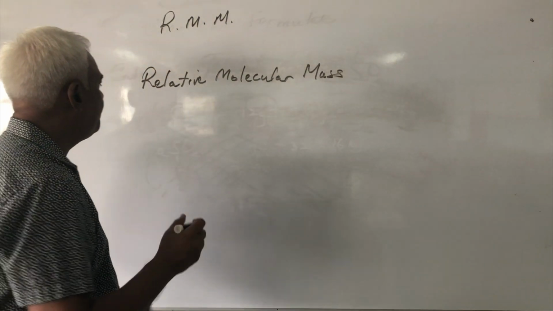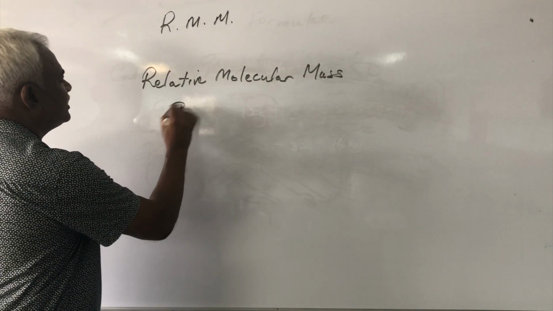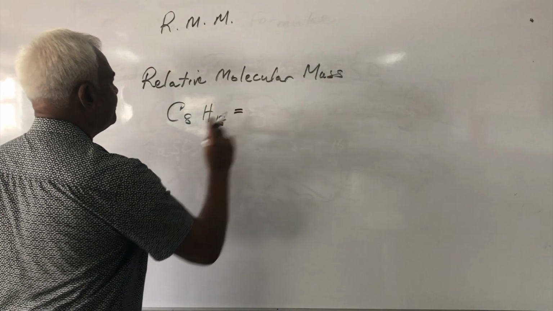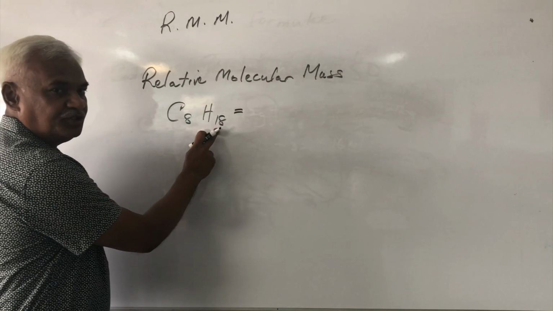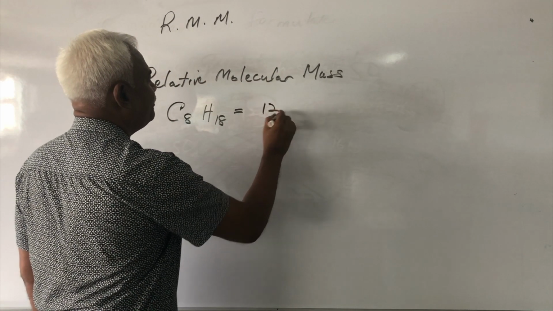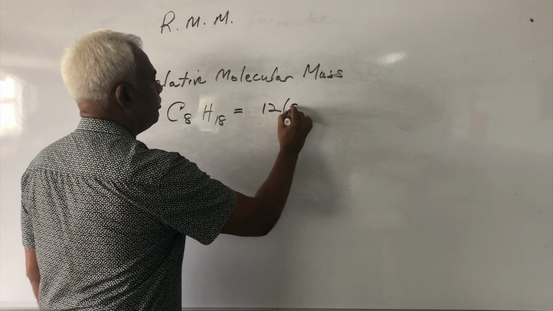Keep practicing your RMM. So let's look at this. C8H18. 8 carbons, 18 hydrogens. Carbon weighs 12, but I have 8 of them.